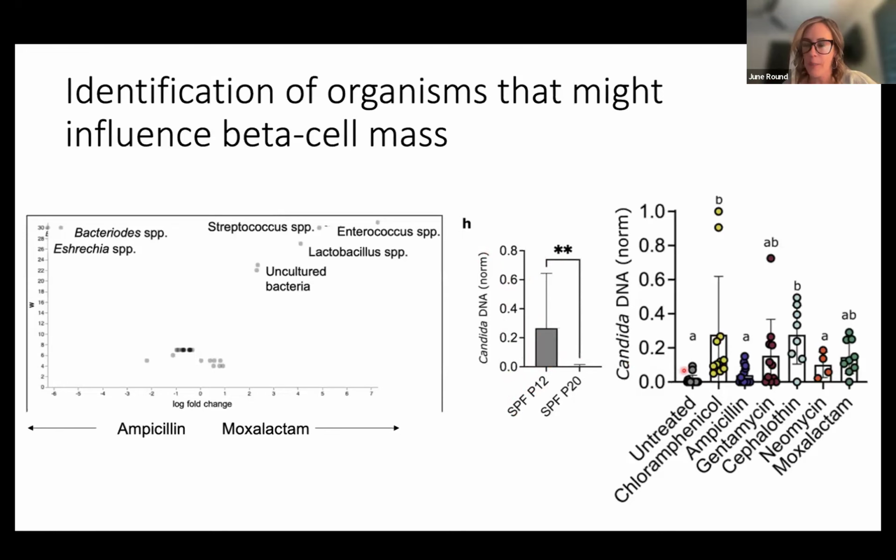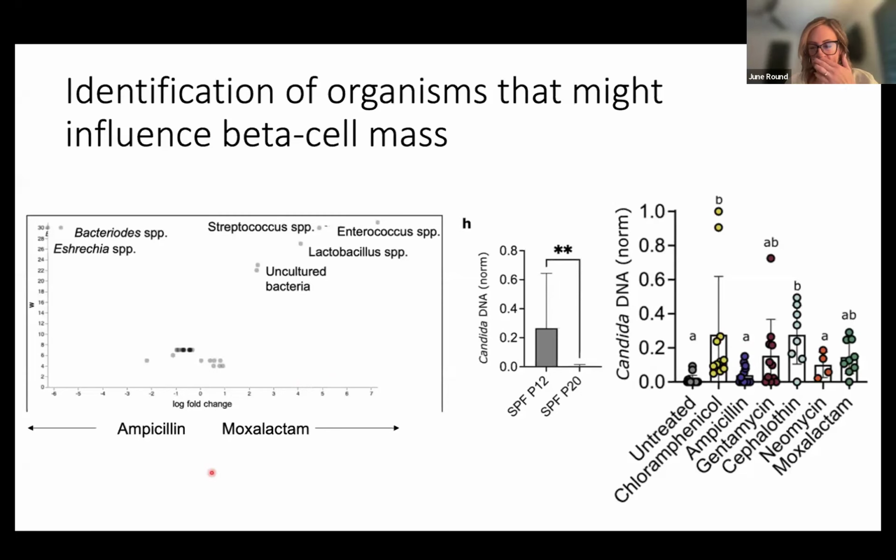Moreover, if you look at different fungi in these different antibiotic-treated groups, we see that there are different levels of fungi present when you perturb even the bacterial community. So this made us interested to look at bacterial and fungal members and how they might influence beta cell mass.